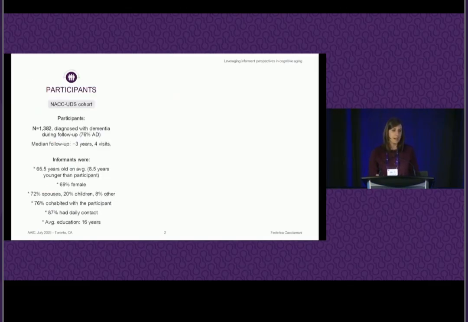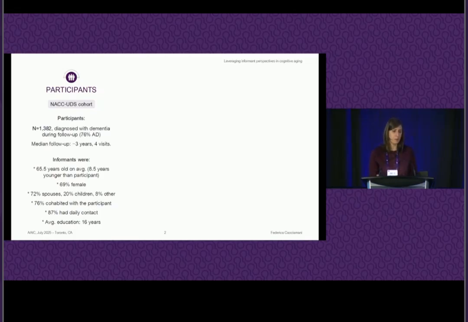So we used the NACC data set, which is a very large American data set, and we selected a subsample of 1,382 participants who were diagnosed with dementia during the follow-up. So we had some visits before and after the diagnosis, and most of them actually had Alzheimer's dementia, but it wasn't a selection criterion.